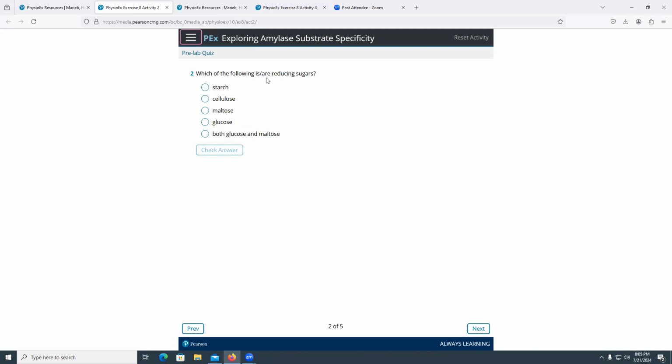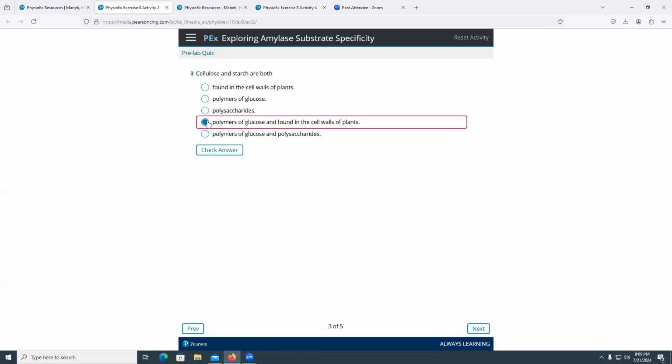Which of the following is a reducing sugar? So these are breakdown products. Maltose is broken down from starch. That makes a lot of sense. Okay, glucose and maltose. That sounds good. Cellulose and starch are both found in the cell walls of plants. It's not true.